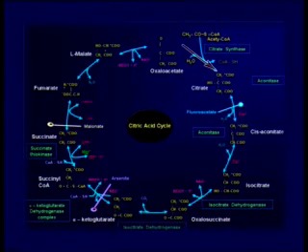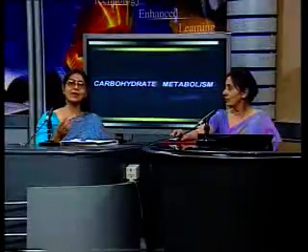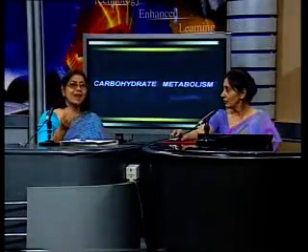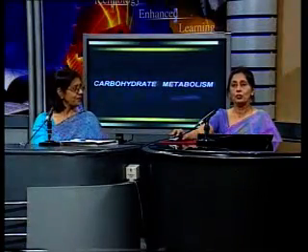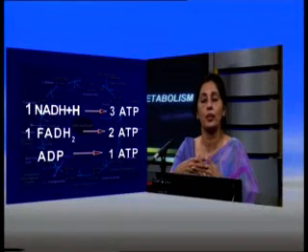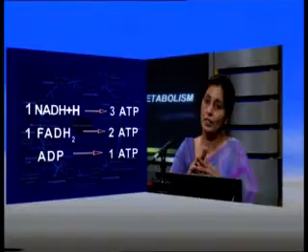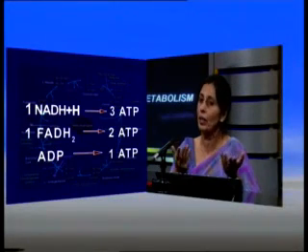So Geeta, can we quickly tell our learners how many ATPs are actually formed at the end of the citric acid cycle? Now you already know that NADs in the electron transport chain, when they are reoxidized, form 3 ATPs. Yeah. FADH2, when it goes to the electron transport chain, gives 2 ATP, and ADP to ATP is 1 ATP.